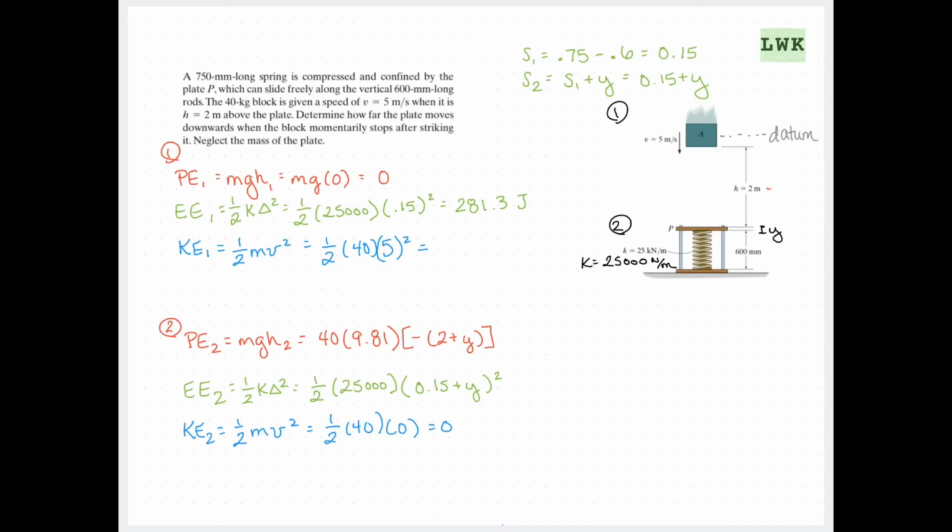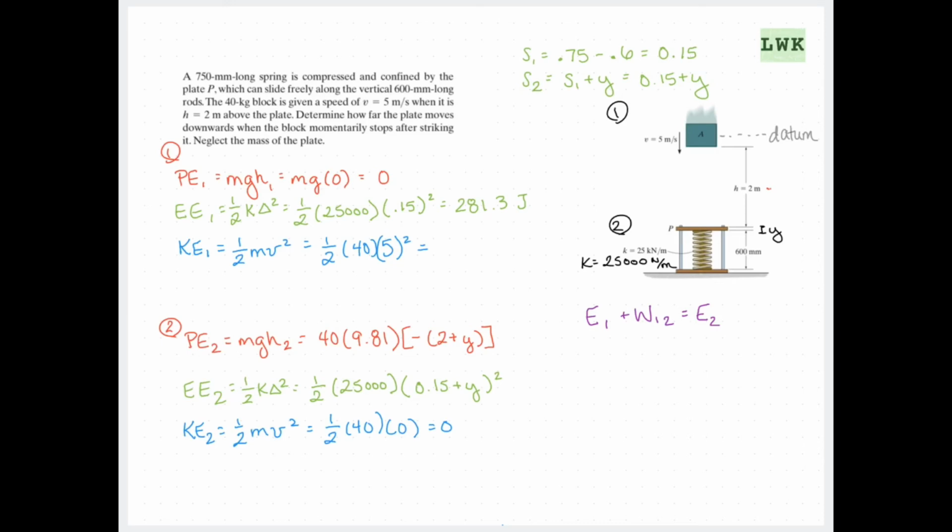So now let's use our energy conservation equation. The energy at 1 plus the work between 1 and 2 is going to be equal to the energy at 2. And this is going to allow us to plug everything in and solve for our y.